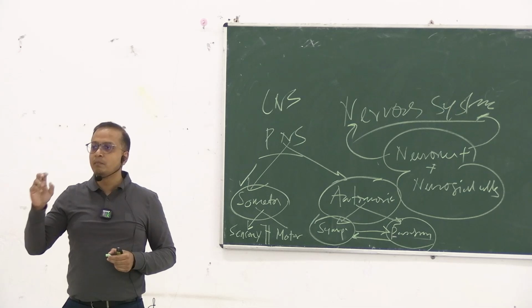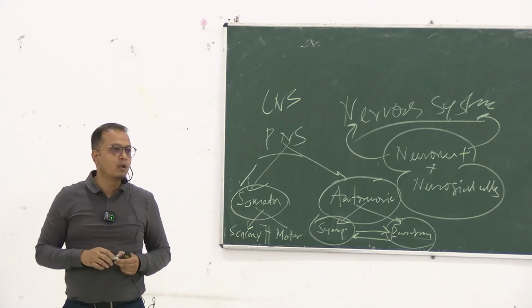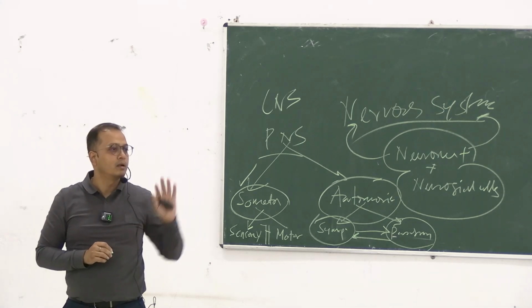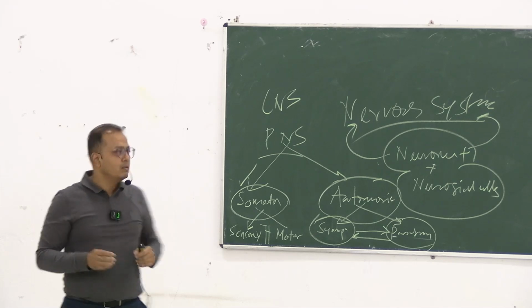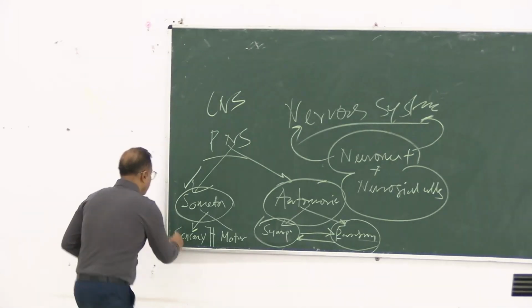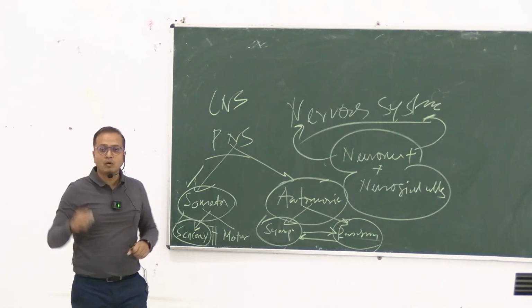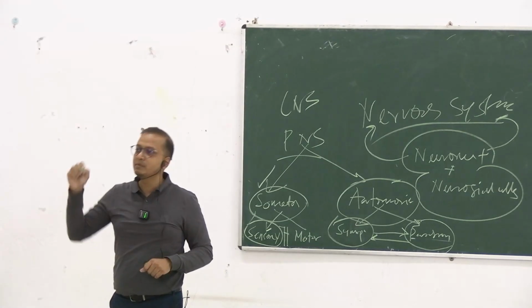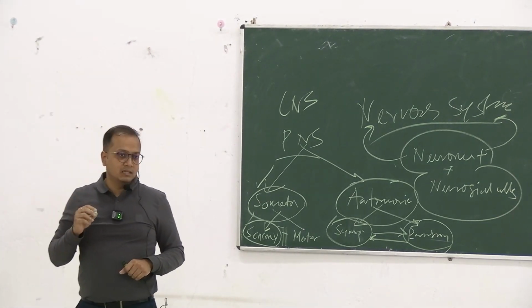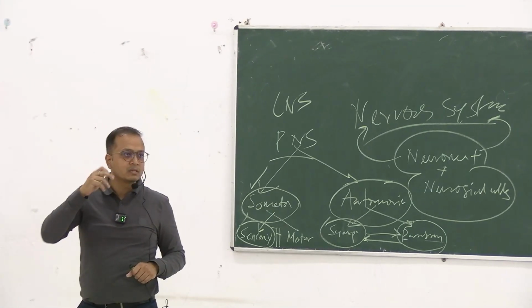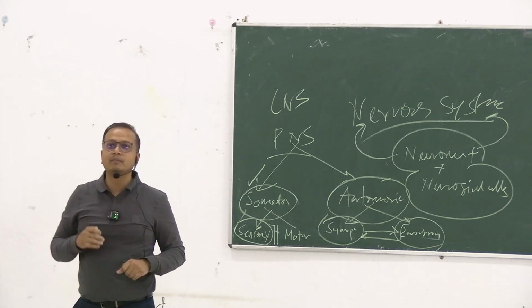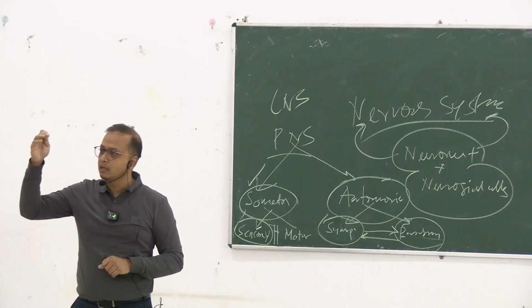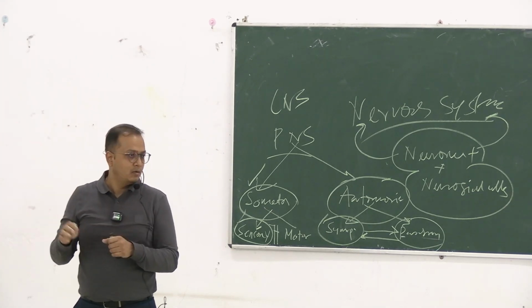Sensation means touch, pain, temperature, any external stimuli coming from the environment. That picking element we call the sensory nerve. For example, you are listening, you are picking up information from the environment. That sensation comes through your ears, through your eyes, goes to your brain, and is processed there, saying this is this.